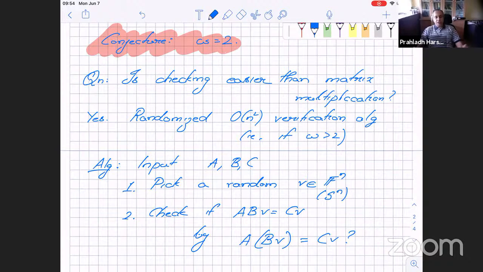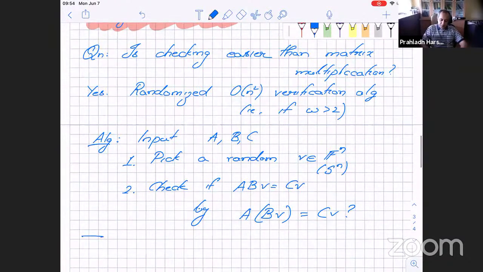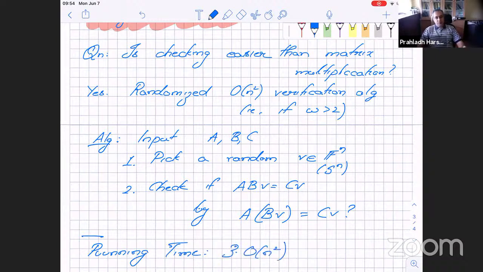The running time is 3 times order n square, because you're computing CV, BV, and ABV. You're never doing the matrix multiplication, only matrix-vector computations.